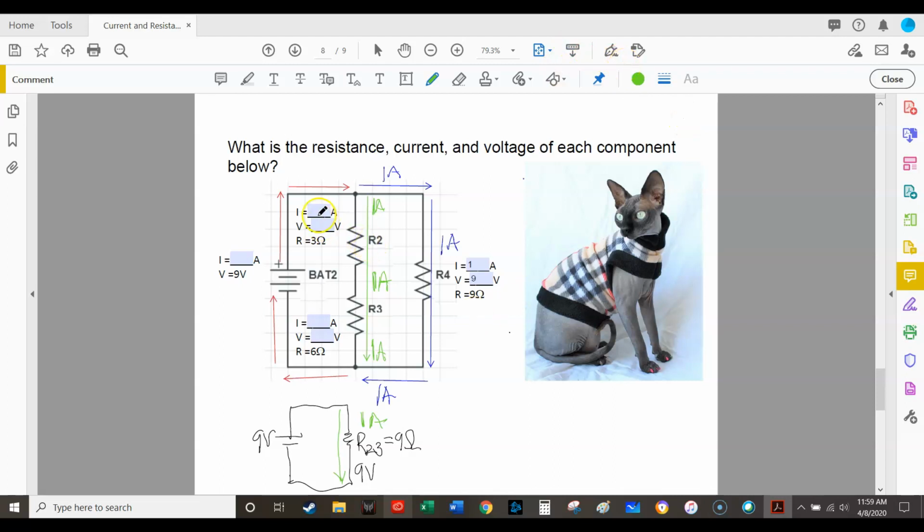So that means R2 is getting 1 amp, and R3 is getting 1 amp. Now we could calculate the voltages. 1 amp times 3 ohms is going to be 3 volts. 6 ohms times 1 amp is going to be 6 volts.